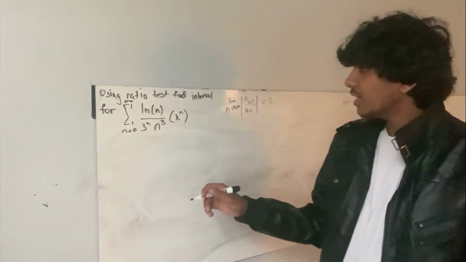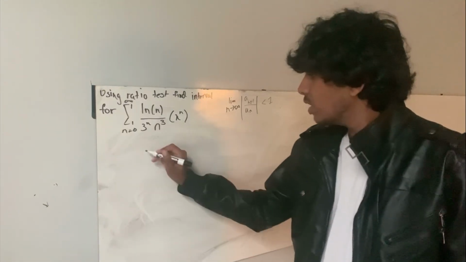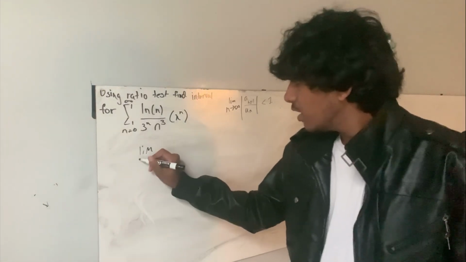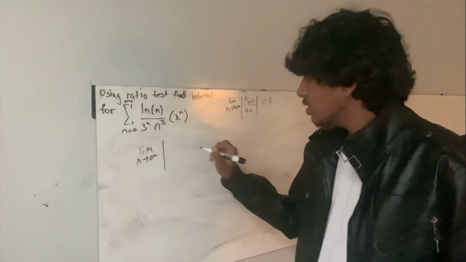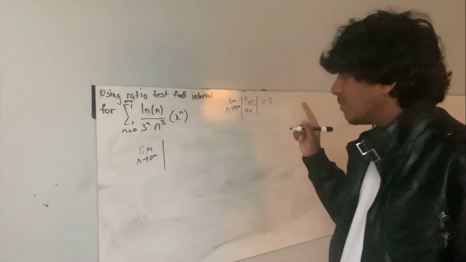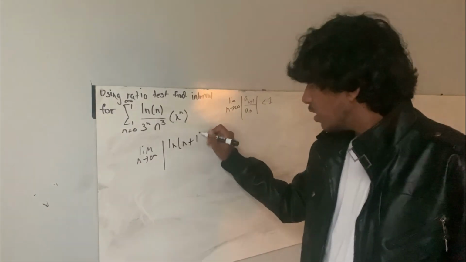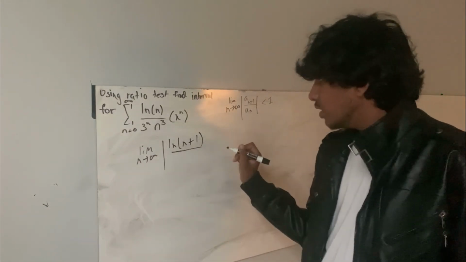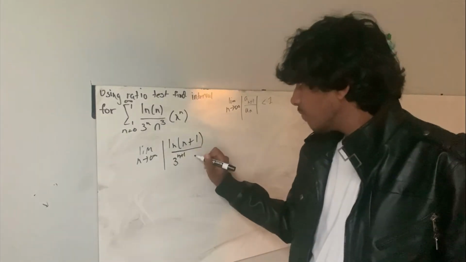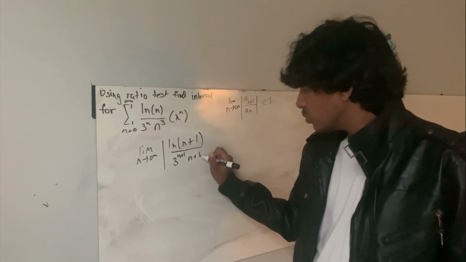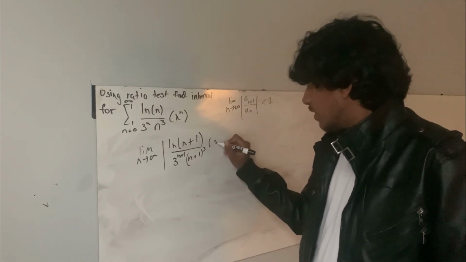Okay, let's find our n plus 1 terms and start dividing. So we're going to take the limit as n approaches infinity of our n plus 1 term divided by our a sub n term. So that's going to be ln of n plus 1 over 3 to the n plus 1 times n plus 1, all of that cubed, times x to the n plus 1.